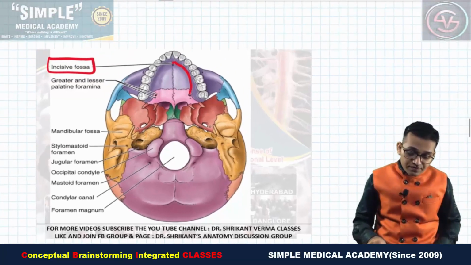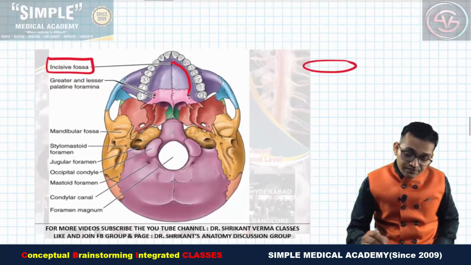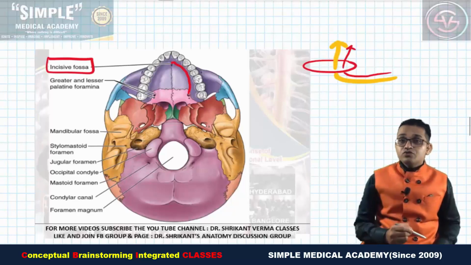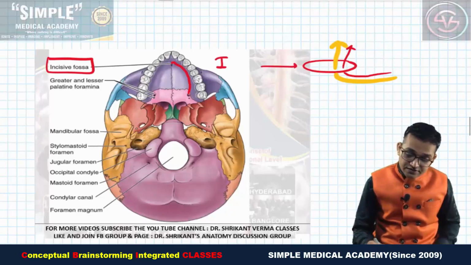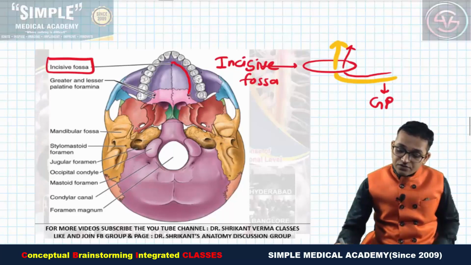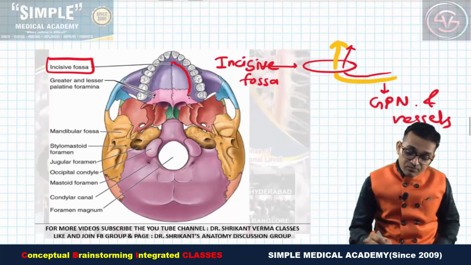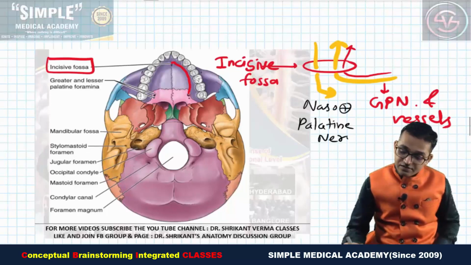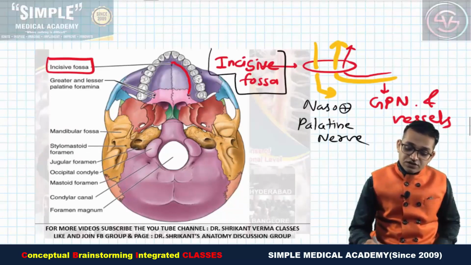Suppose this is the incisive fossa, so the greater palatine nerve as well as the greater palatine vessels are passing above through this incisive fossa, while one more nerve is coming from above to the downside. This is coming from the nose, that's why nasopalatine nerve. So these are the structures passing through this incisive fossa.